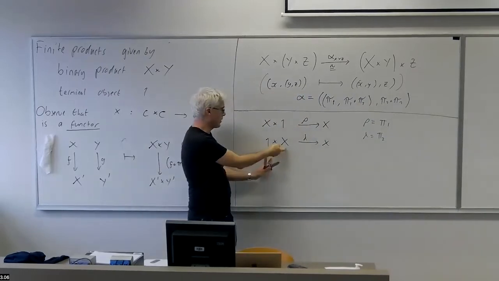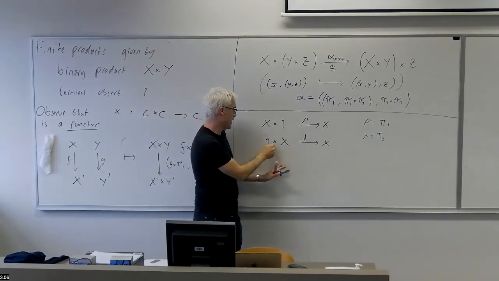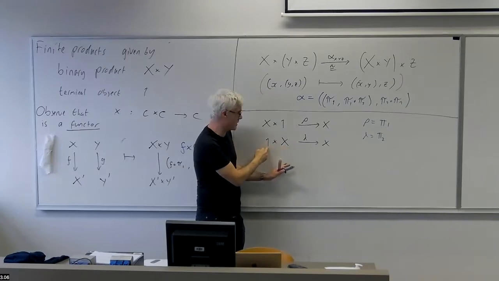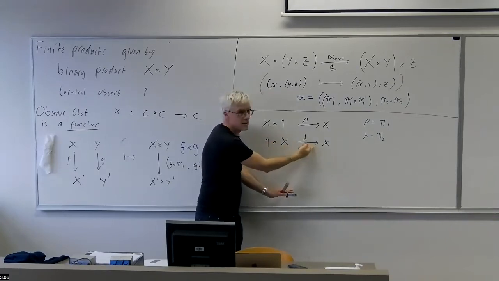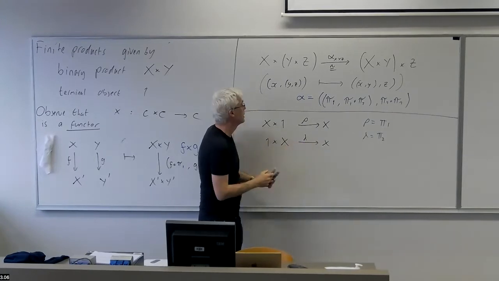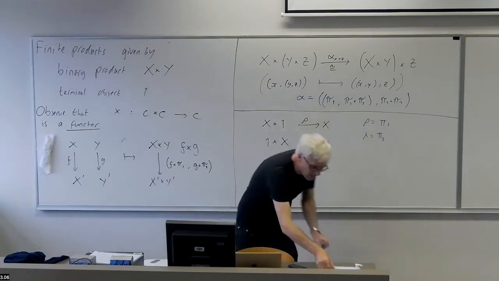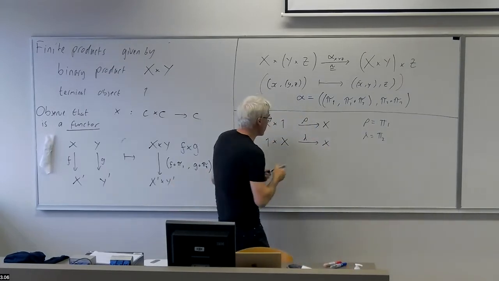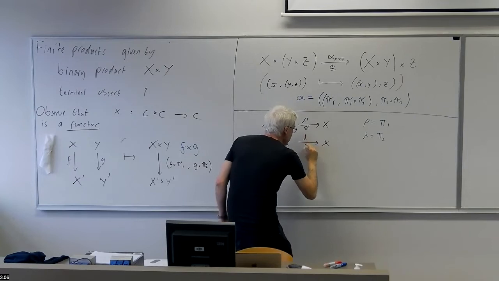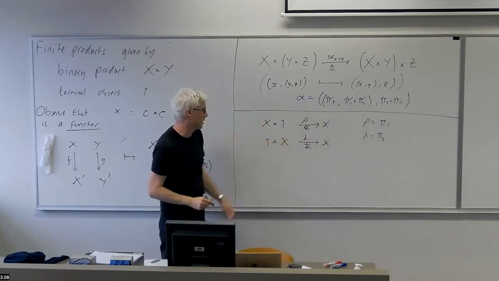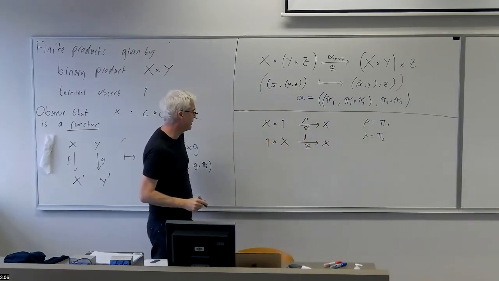The point is, because 1 is the terminal object, this projection map is actually an isomorphism. So I write this little isomorphism sign down here.